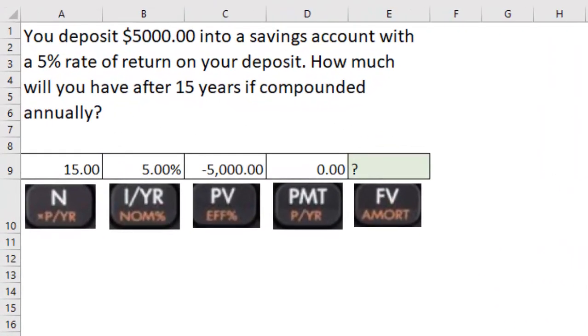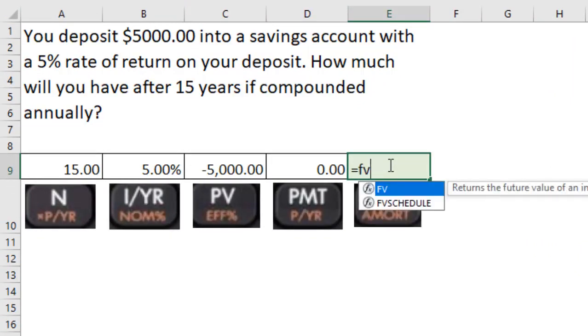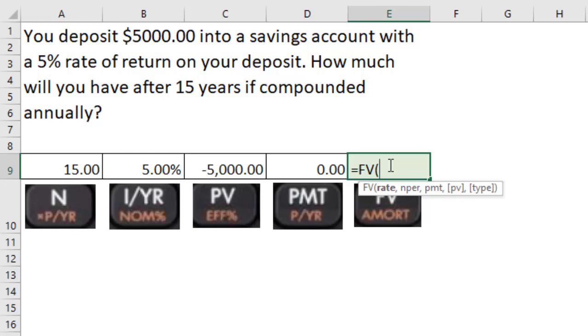Let us now do the same in Excel. Equals, well, we're looking for the FV, so FV. What is the rate? The rate is 5%. In this instance, it does not matter too much about periods, since we are only having one payment per period.